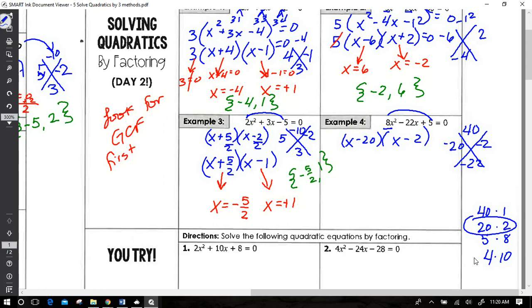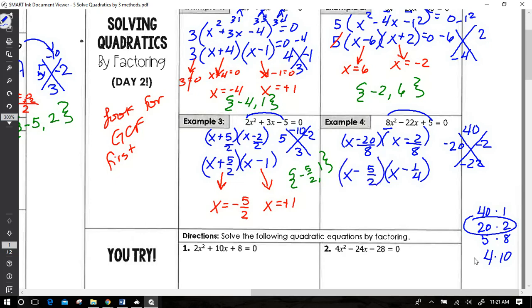And now I need to divide them both by 8. And what I'm going to do is reduce these fractions to the best of my ability. So 2 over 8 is 1 over 4. And 20 over 8 is going to reduce, let's see, they're both divisible by 4. So x minus 5 over 2.